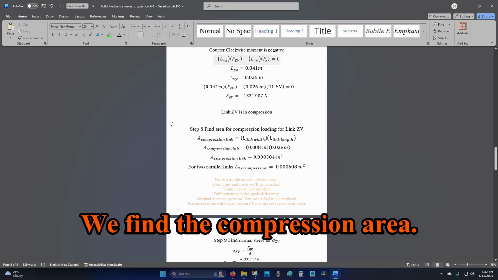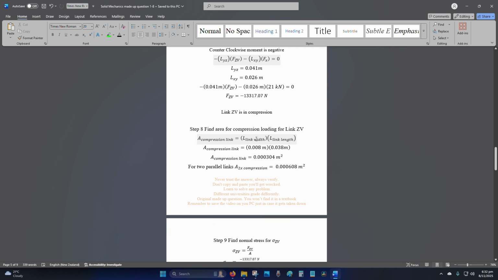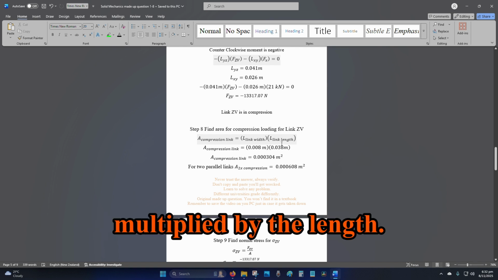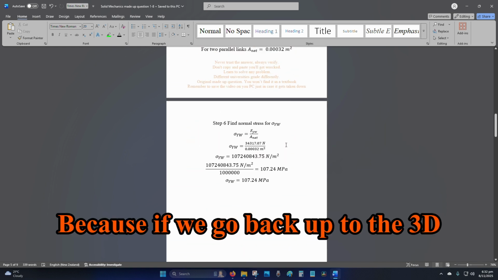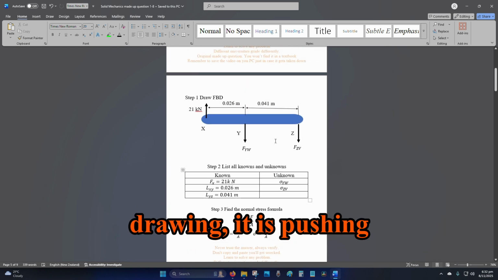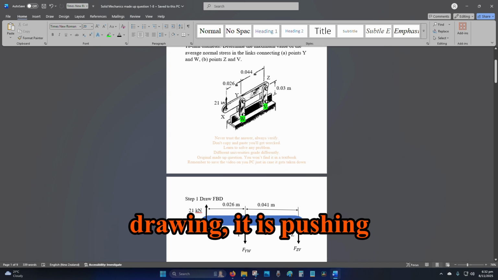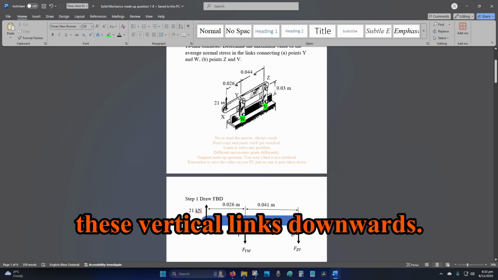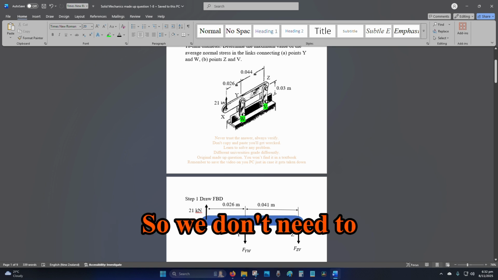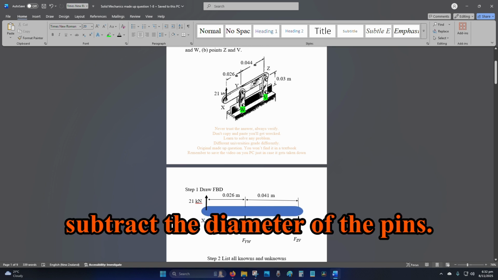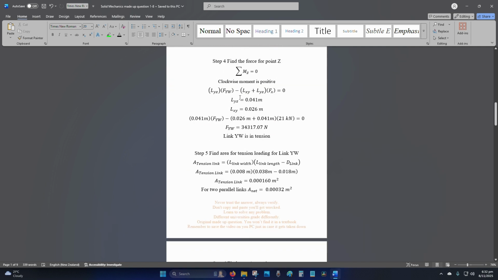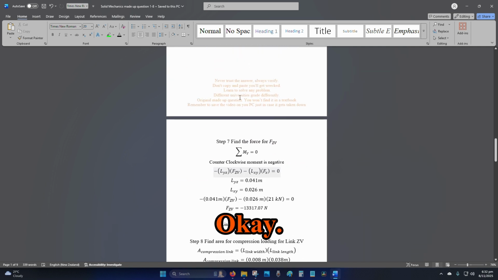We find the compression area. So it will be the width multiplied by the length. Because if we go back up to the 3D drawing, it is pushing these vertical lengths downwards. So we don't need to subtract the diameter of the pins.